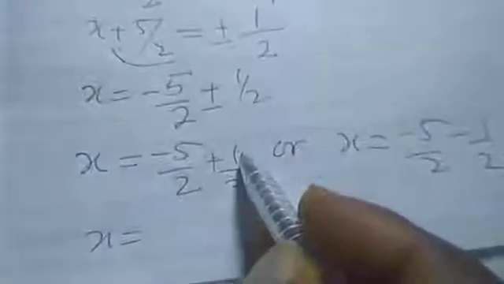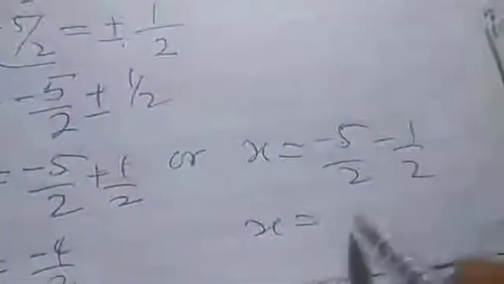Minus 5 plus 1 is minus 4 over 2. This one too, minus 5 minus 1 is minus 6 over 2. Minus 4 over 2 will give me minus 2. Minus 6 over 2 will give me minus 3. So therefore, s is equal to minus 2 or s is equal to minus 3.